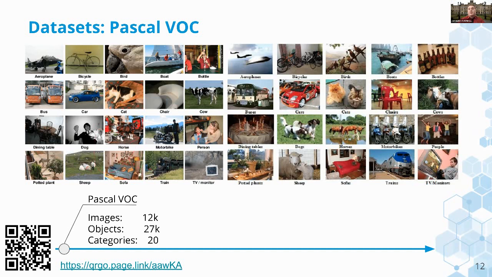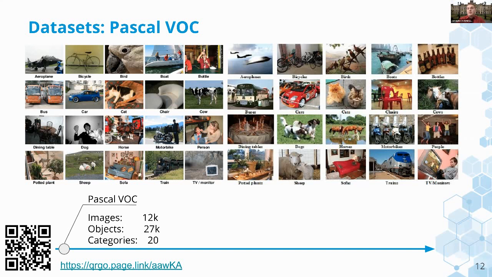As we can see from the image samples, this dataset consists generally of simple scenes on which we can see only several objects, generally from the same category. So among object detection researchers, the Pascal VOC dataset is considered a type of MNIST dataset, which we are all familiar with from the image classification task.